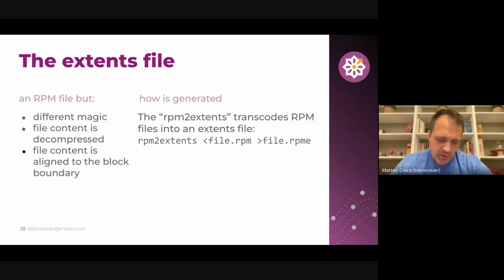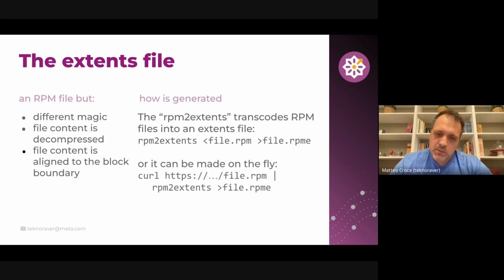And this is another key component because since it can work in streaming mode, it can work on the fly. For example, if you get a package from some repo, and then you pipe it to rpm2extent and you save the extent file on disk.